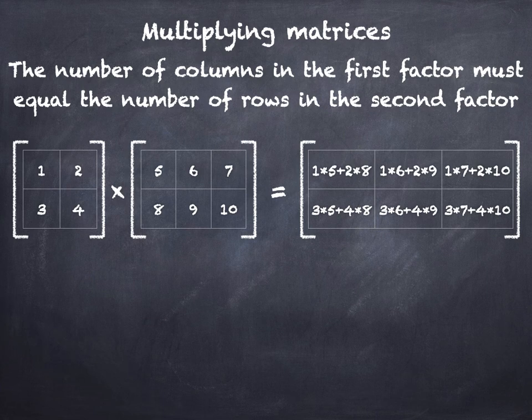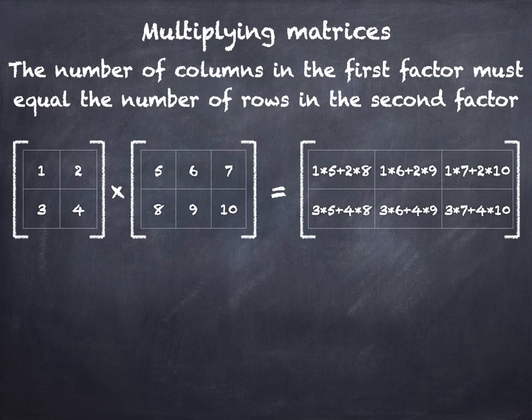So 1 times 5, the first square in the row and the top square in the column, and then we add to that the second square, which is 2, times the second square, which is 8. So 1 times 5 plus 2 times 8. We're multiplying the first row by the first column, and that goes in the first row, first column, in the new matrix. You multiply the first 2 squares and the second 2 squares and add them together.